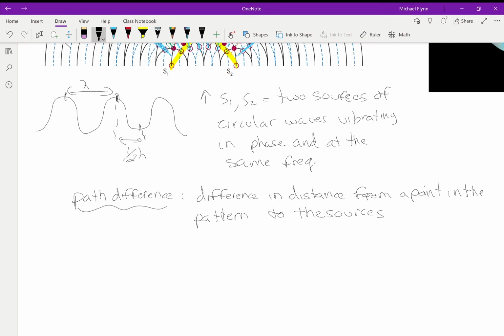mathematically. Okay, so let's talk about the antinodes for a second, or the antinodal lines. And I'm going to say these are aka maximum, or maxima for plural, okay? Or in light, we call them bright fringes, okay?